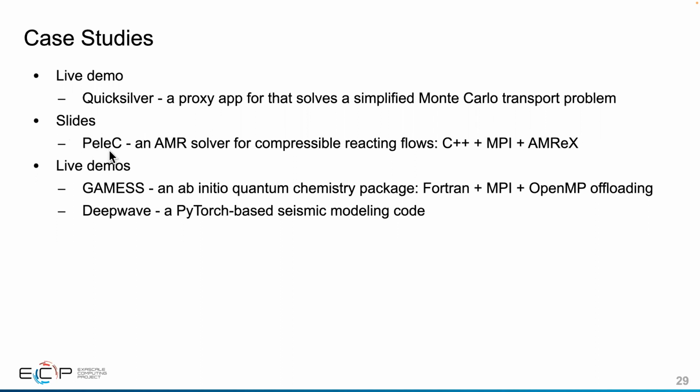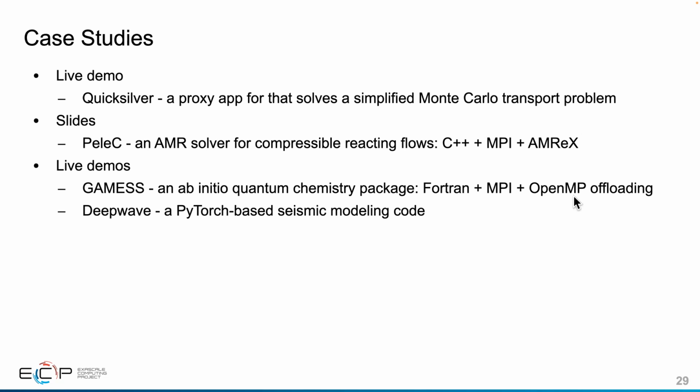I'll show a few slides with some analysis we did of Pele-C, which is an AMR solver for compressible reacting flows. It uses C++, MPI, and AMReX. And then I'll show some live demos where we're looking at measurement data for GAMESS. This is an ab initio quantum chemistry package written using Fortran, MPI, plus OpenMP offloading.